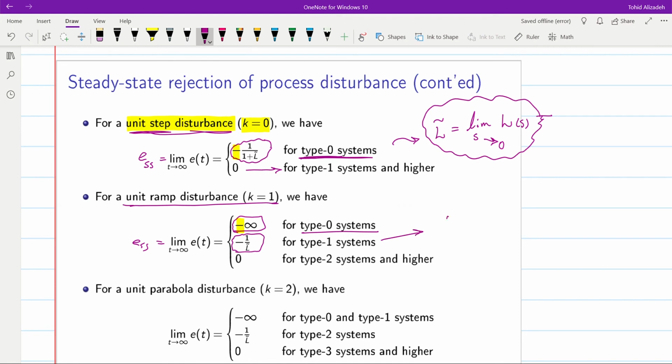And again, L tilde here will be equal to the limit of S times L of S as S goes towards 0. Since we have a type 1 system, this will be some finite value. And then for type 2 systems or higher, we will have the steady state error equal to 0, similar to the case of the reference signals.